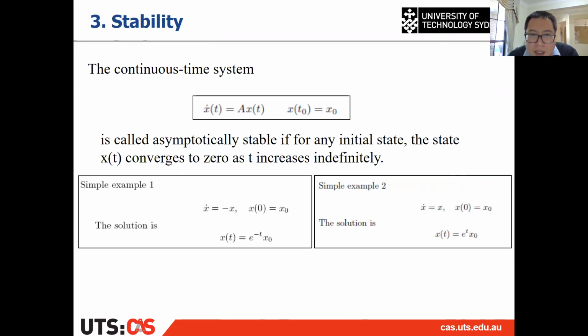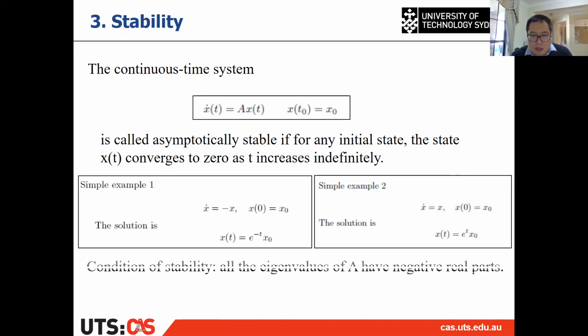If you have a linear continuous time system, that system is called asymptotically stable if for any initial state, the state x(t) will converge to 0 as t increases indefinitely. Which means in the continuous time system, if the state converges to 0 as time increases, then that system is stable, right? And we gave some examples on that already.